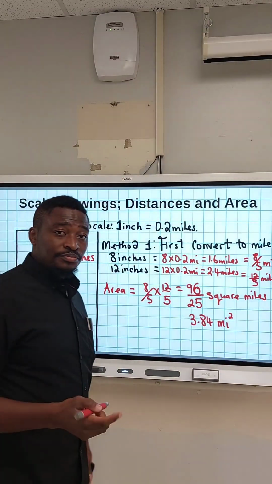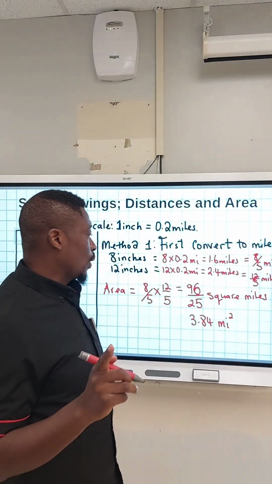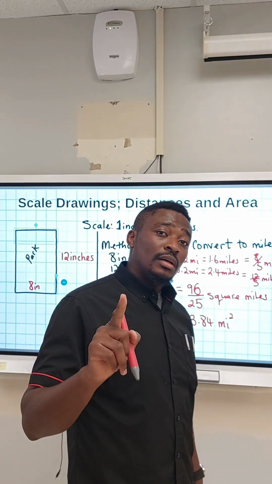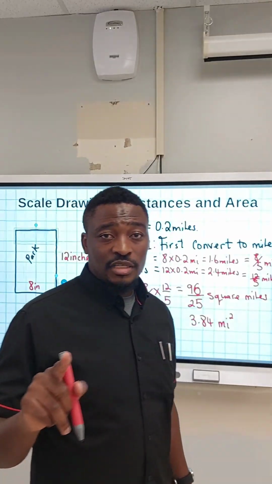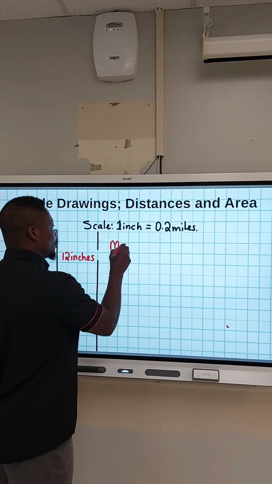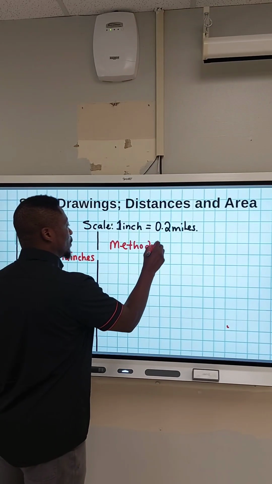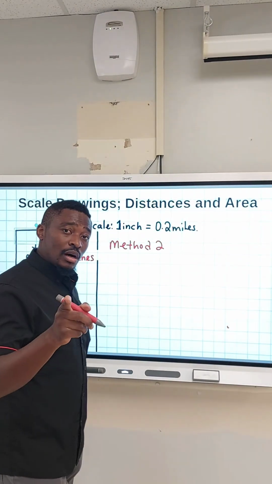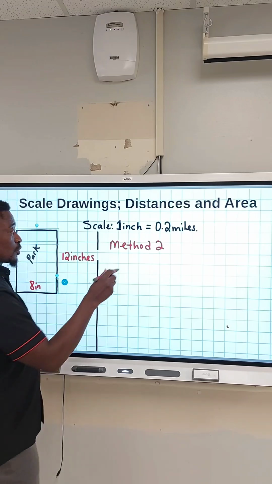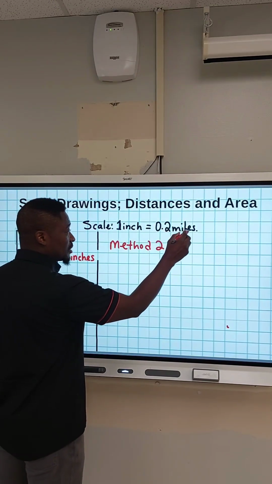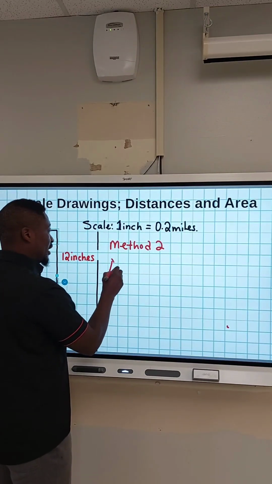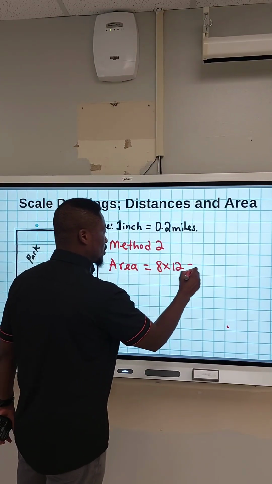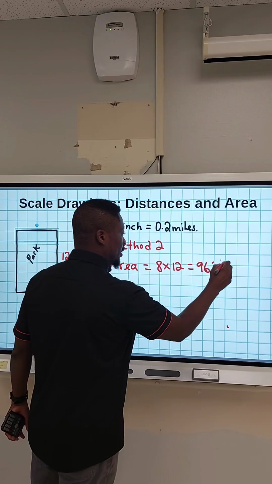Okay, so let's look at method 2, where you multiply the area in inches by the square of the scale factor. So the scale factor says 1 inch is 0.2 miles. So area in inches is 8 times 12, which is 96 square inches.